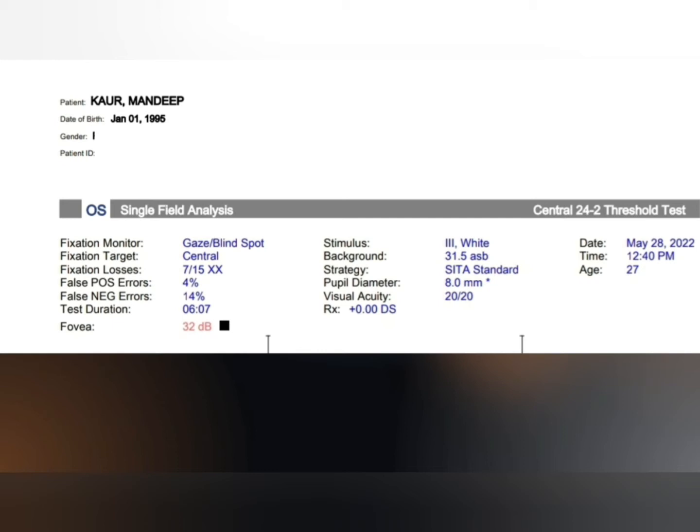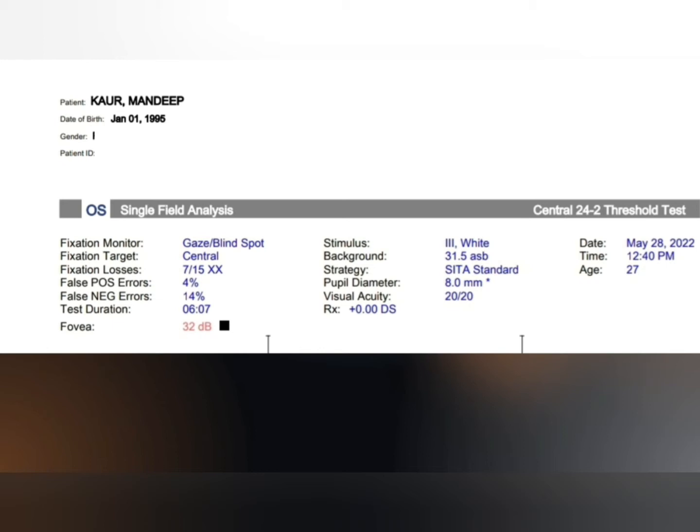There are lots of testing strategies, but nowadays SITA standard and SITA fast are used, where in SITA standard the machine gives the patient 3 chances. In 3 chances, if the patient is able to detect the light stimulus, then it is recorded. Okay, and if the patient misses, then it is counted as the patient not responding to that light stimulus.